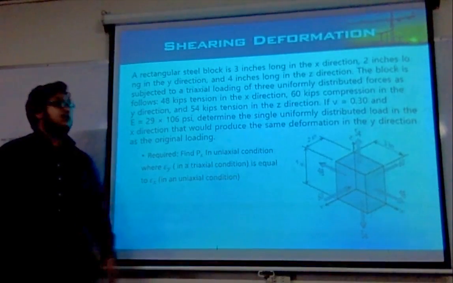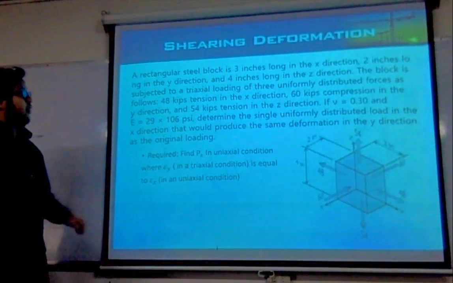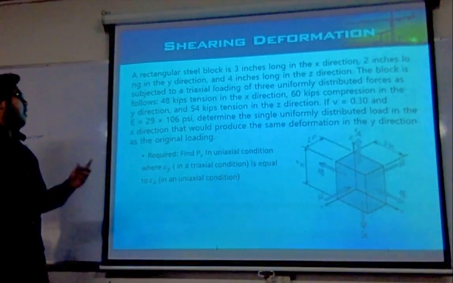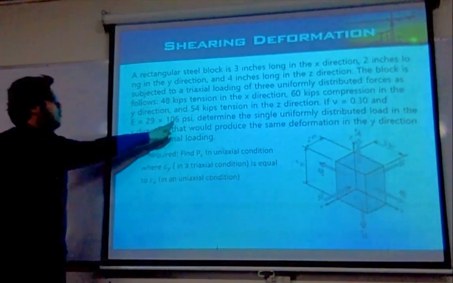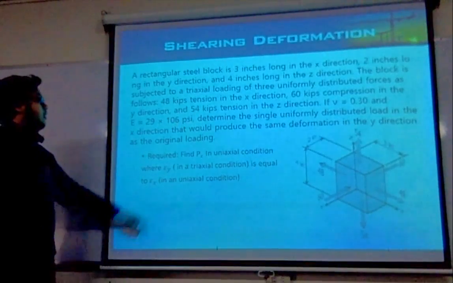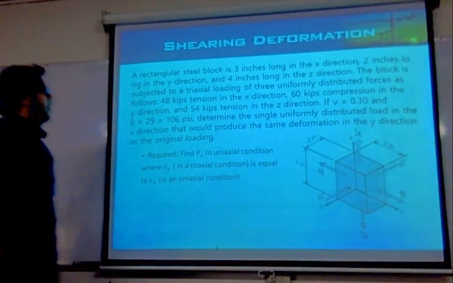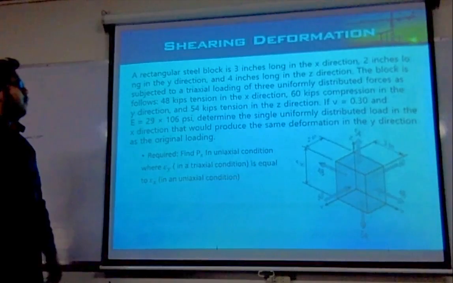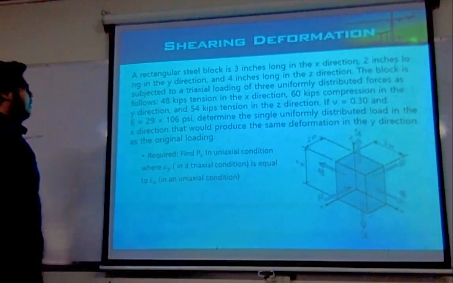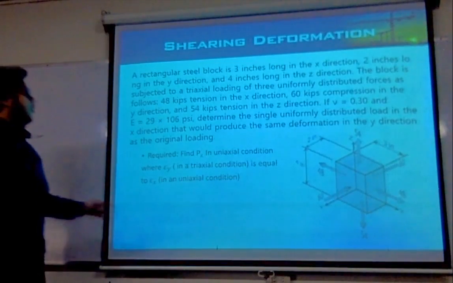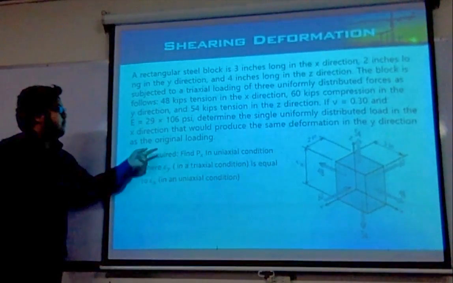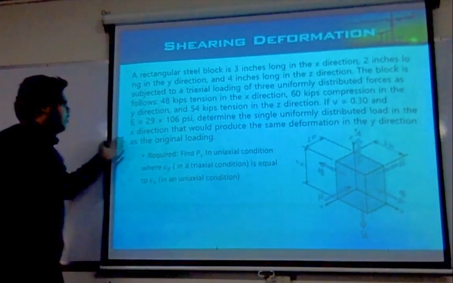If Poisson's ratio is 0.3 and the modulus of elasticity is 29 times 10 raised to 6 psi, determine the single uniformly distributed load in the x direction that will produce the same deformation in the y direction as the original loading.